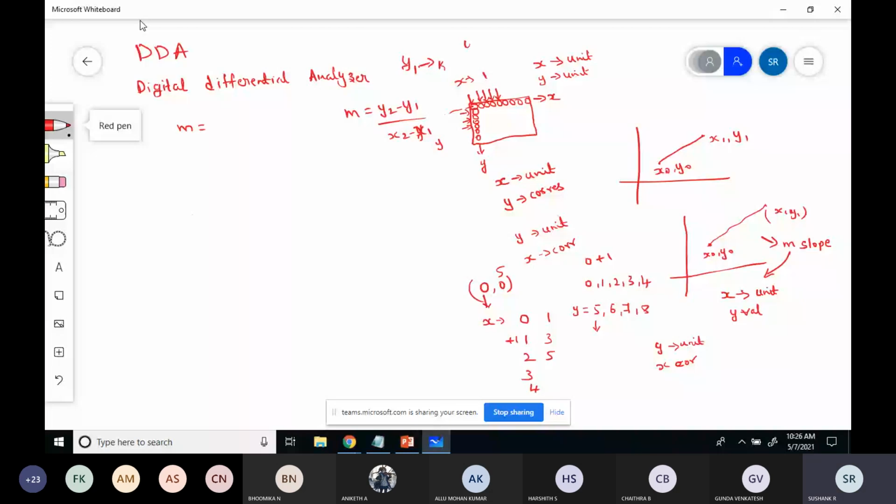Because I've taken y1 as yk, it is like k is equal to 1, and 2 will be like k plus 1. So the slope equation will become y of k plus 1 minus yk by x of k plus 1 minus xk.